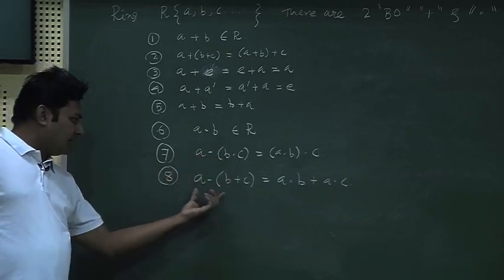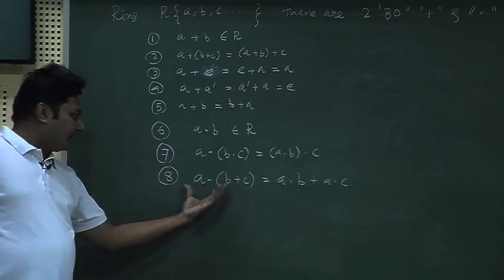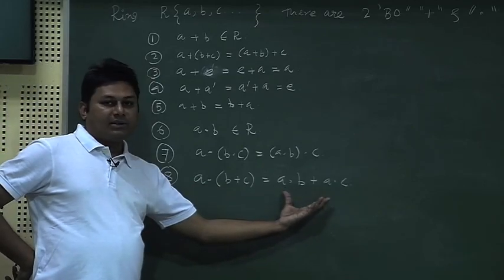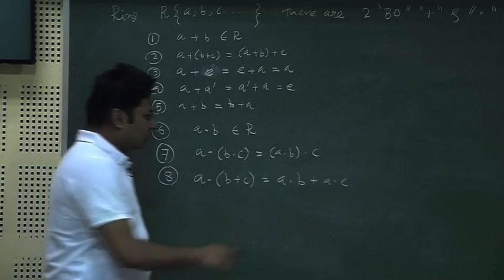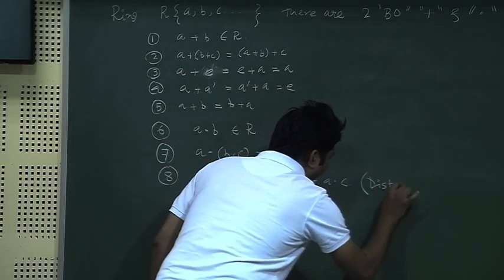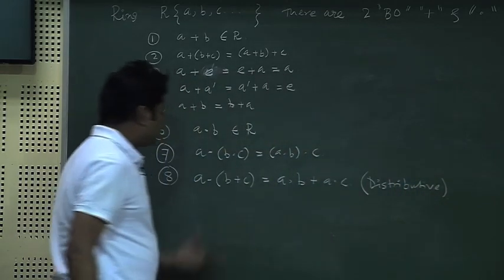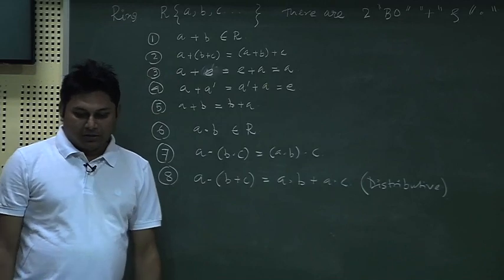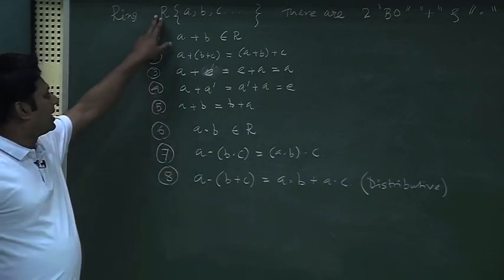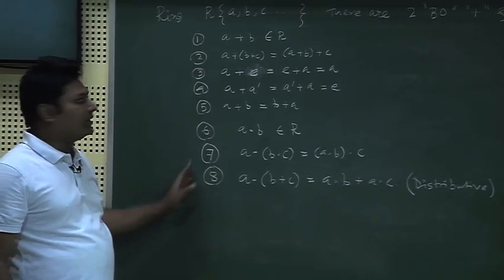Now I am associating plus and dot together, and this is the property that should hold. This property has a name, it is called the distributive property. So they are distributive. Now if a set R follows all these rules, then it is called a ring.